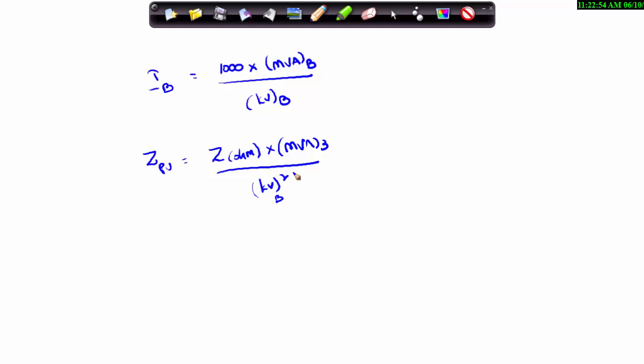This is the representation. In case they ask you for the base in terms of kVA, you just divide by 1000. That is Z in ohms into kVA base by 1000 into kV base whole square.